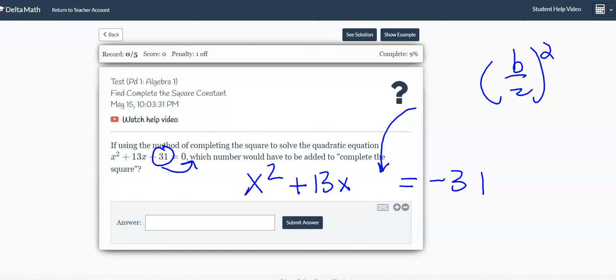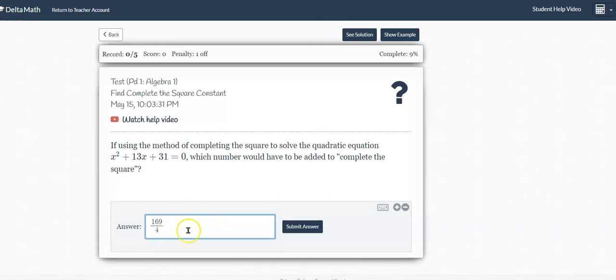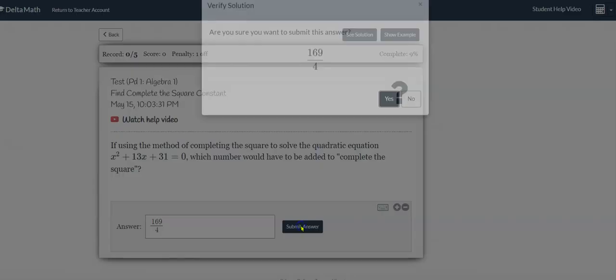So we're going to get 42.25 if we're using decimals, or 169/4 if we're not. I'm pretty sure they typically use fractions, so I'm going to put my answer in fraction form. Let's see what they say. So half of 13 squared, or 13 squared over 2 squared.